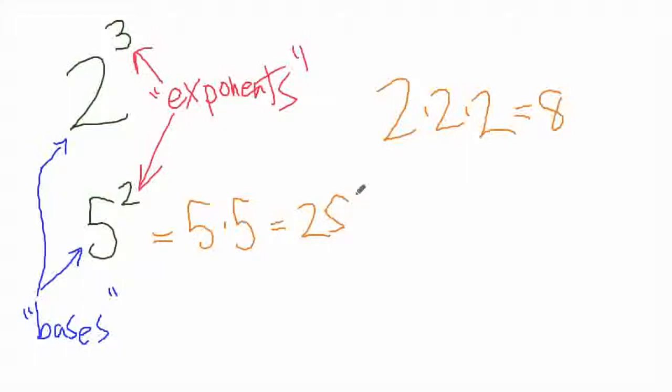Now, some bases are much nicer to work with than others. You probably could have figured out these two green problems on your own, given a few seconds. But these are even nicer than that. What if I had a base of 10?